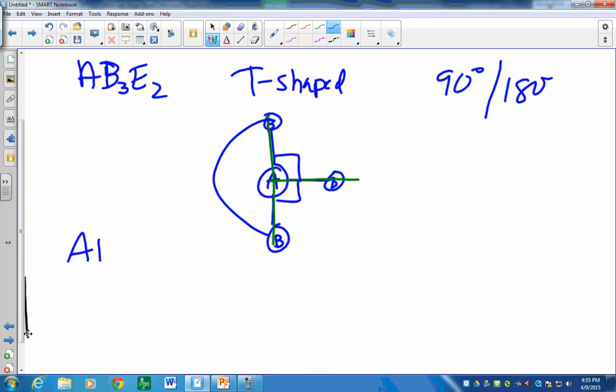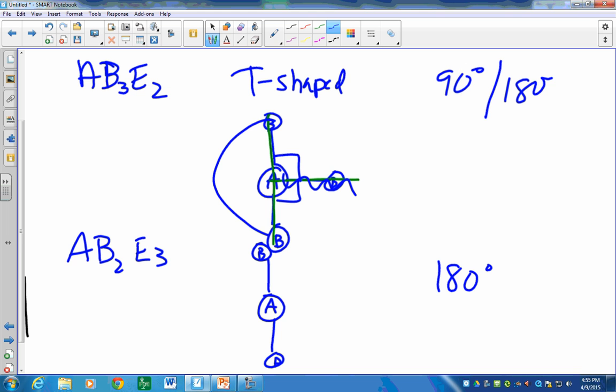When you have an AB2E3, you pull out this one, and so you get A, and you get B, and you get B, and all the equatorial ones are gone, and now you have 180 again. Because if you look on there, it's linear, just like AB2, so AB2 and AB2E3, where the equator is empty, have the same shape. It's linear.